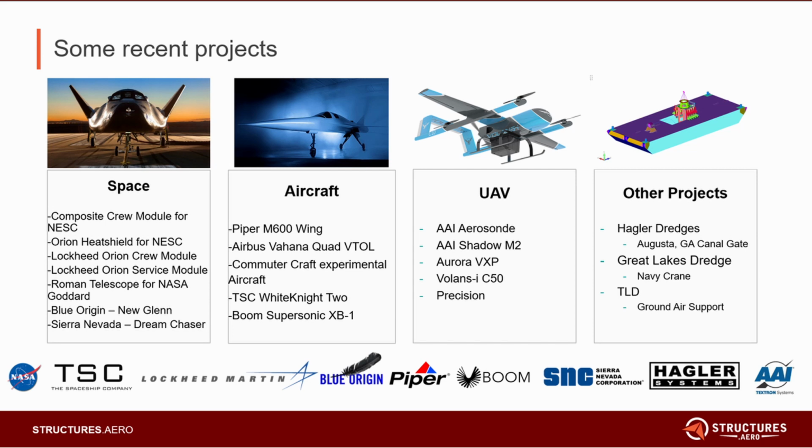But the highlights of our company history are we started off working on the composite crew module for NASA in the 2000s, and then morphed into the Orion heat shield program for NASA, which then led into working on the Orion crew module, and then has blossomed out into all the different things you see here today, like the Roman Space Telescope, Dream Chaser, helping out with New Glenn, a lot of different aircraft.